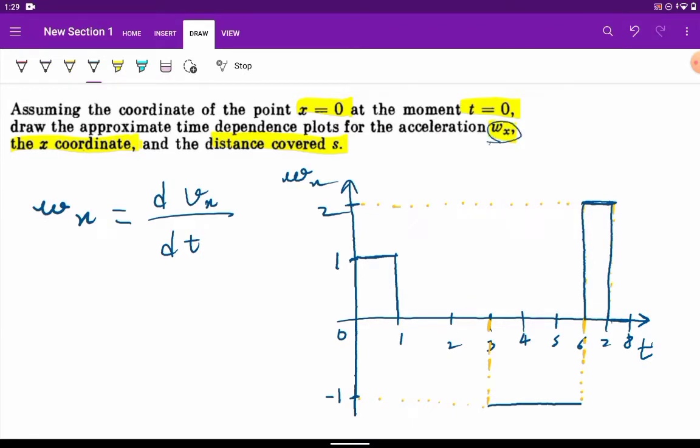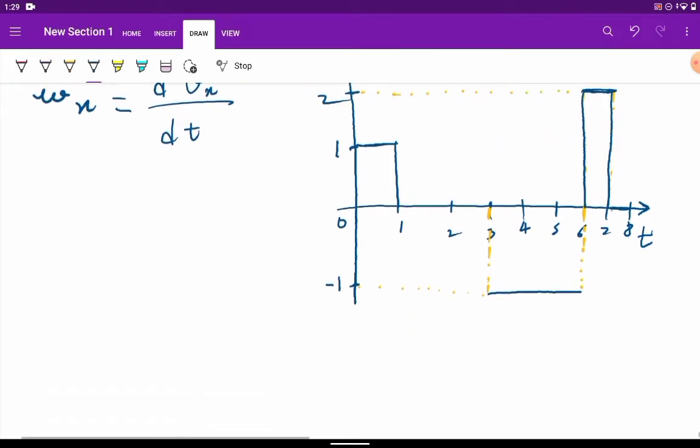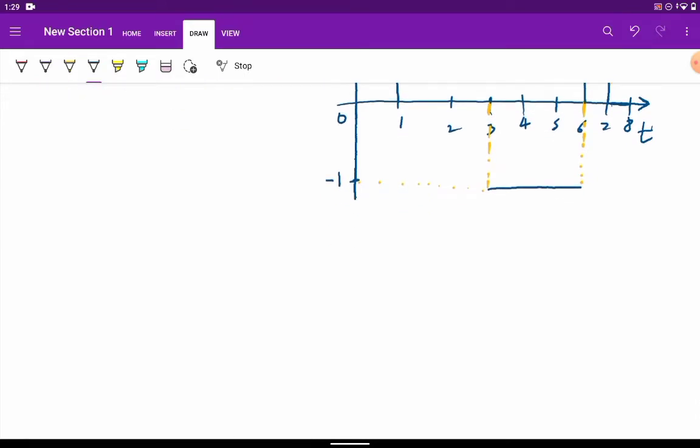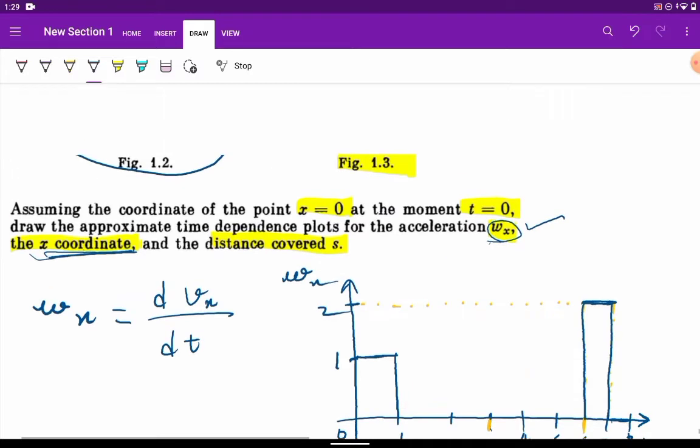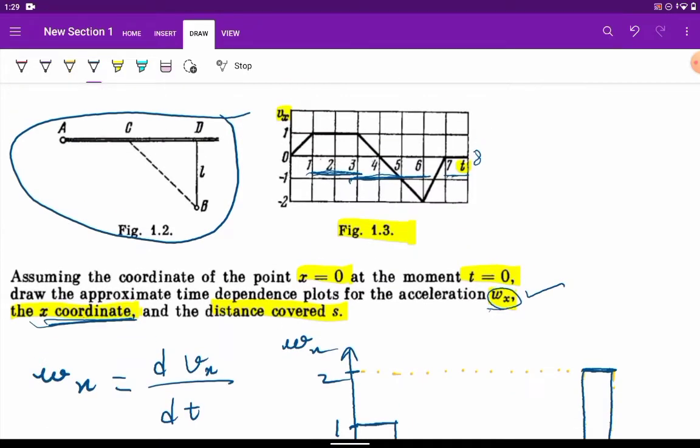This part is done. Now the x coordinate. The x coordinate is nothing but the displacement. As you already know, displacement is nothing but the area under the vt curve. So starting from t equal to 0, we just keep finding out what the area is.